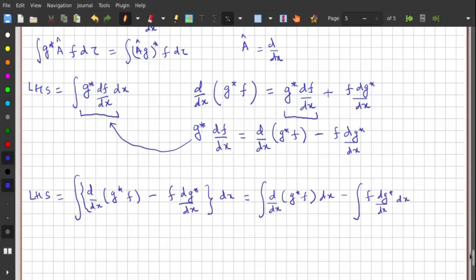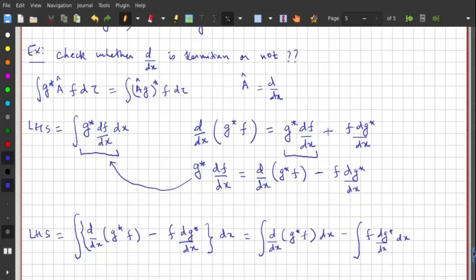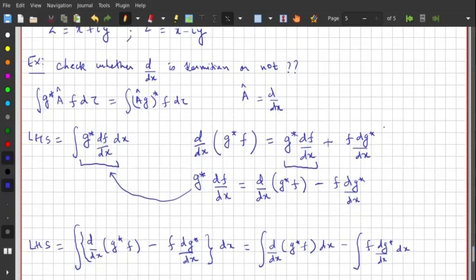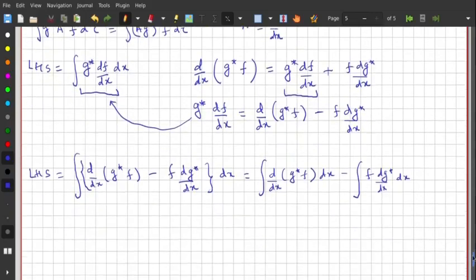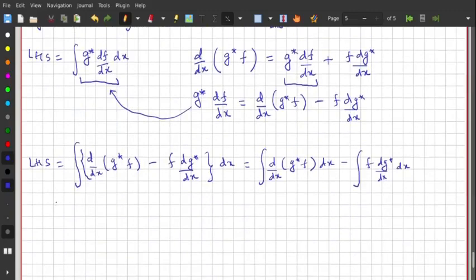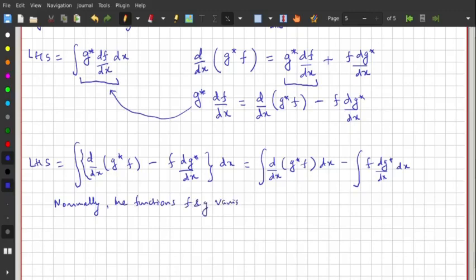One very important thing about the functions: normally these functions f and g vanish at the boundaries.